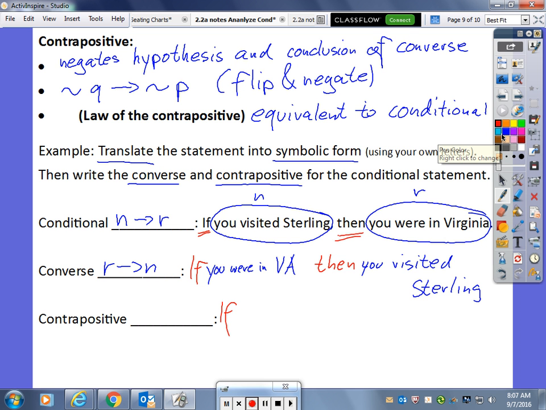If you were not in Virginia, then you did not visit Sterling.